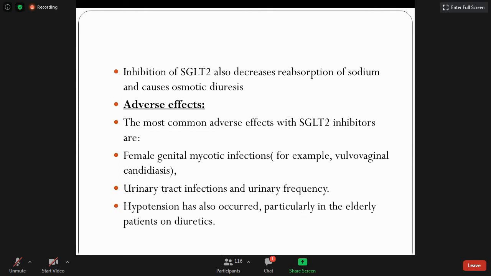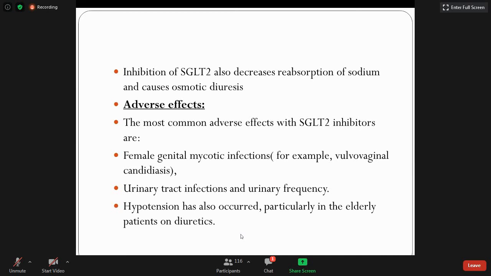Because in our body there are different channels, different transporter systems that can control the secretion or excretion of different compounds, right? So this is one of the transporter systems that normally prevents the excretion of glucose in urine in normal cases, right?